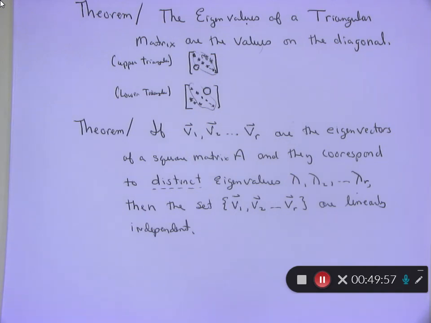What was the key word in this particular theorem? We know that for each eigenvector, there's going to be an eigenvalue. Does that make sense? Eigenvector connects to an eigenvalue because A times V is equal to lambda times V. The V is the eigenvector, lambda is the eigenvalue.